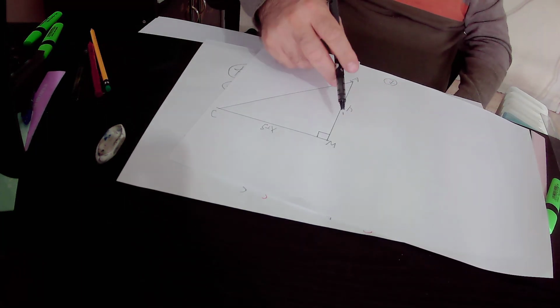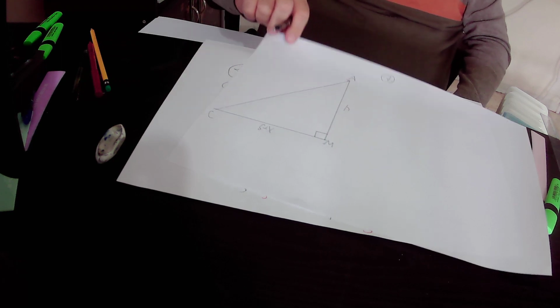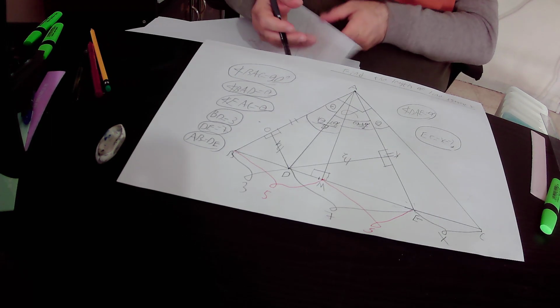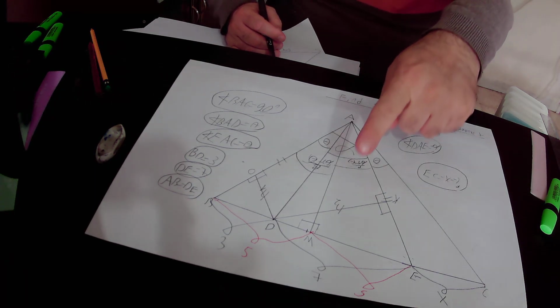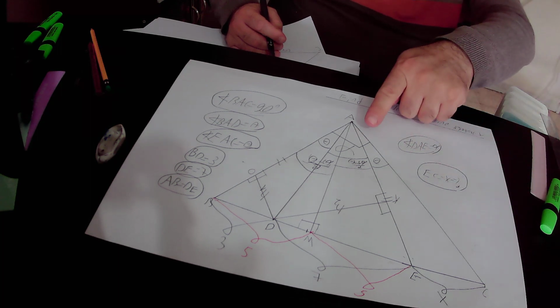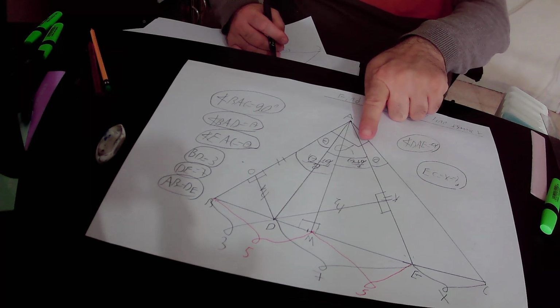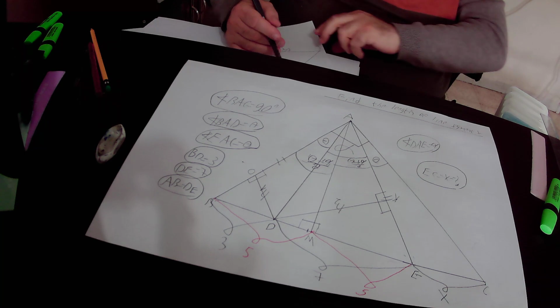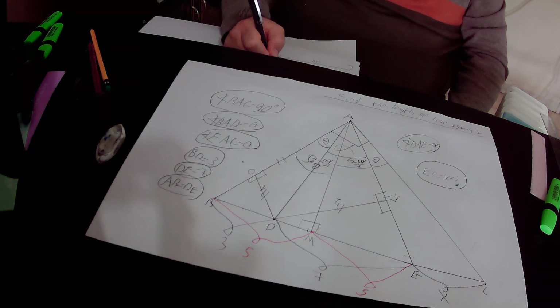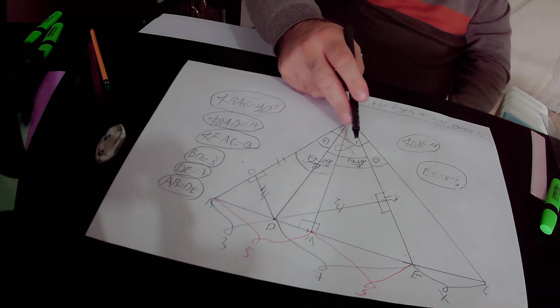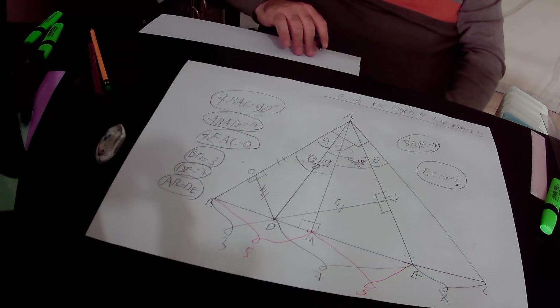What is the value of angle MAC? From the drawing, it is very easy to see that angle MAC equals theta plus alpha over 2 plus theta.